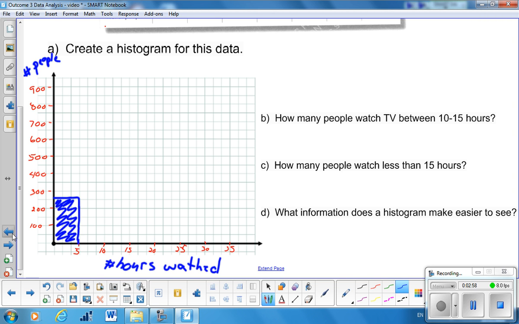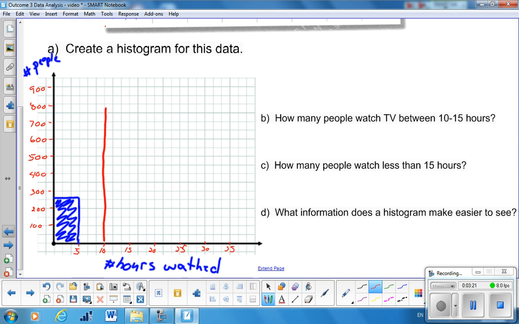We can have the bars be different colors, or we can do them all the same. I'll maybe switch colors so it's a little bit easier for you to see. The next set of data on our table tells us the number of people who watched between 5 and 10 hours. There was 875. So up to 10, we need to go all the way up to 800.